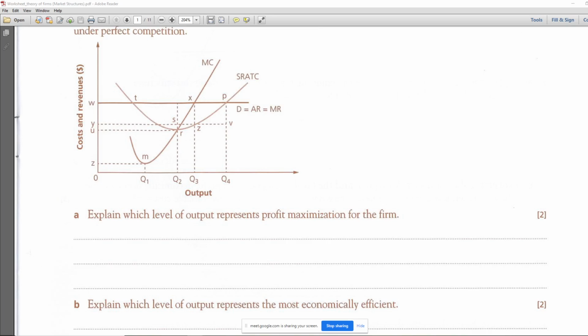Q3 allocative, Q2 productive. Yeah, Elise and Ian, you have the correct answer.